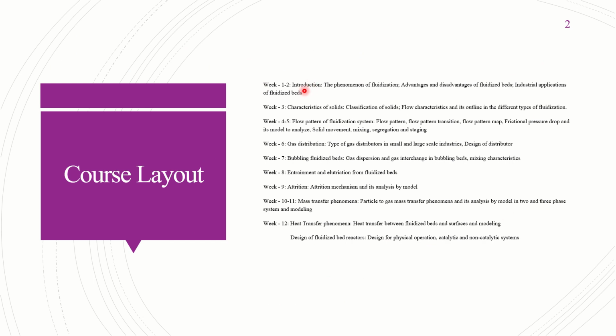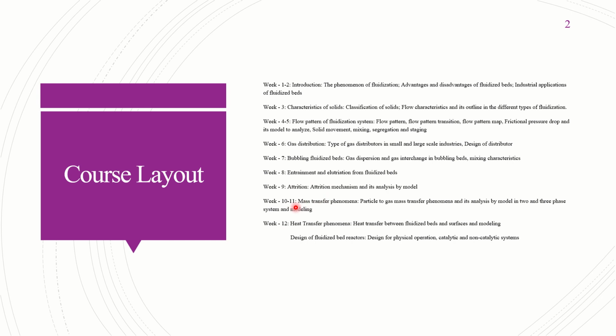This is the course layout, where we saw the phenomenon of fluidization, advantages and disadvantages of fluidized beds and industrial applications of fluidized beds, and also the characteristics of solids, how they are classified, and flow characteristics and their outline in different types of fluidization, and the flow pattern of fluidization systems like the flow transition map, and frictional pressure drop and its models to analyze solid movement, mixing, segregation, and about gas distributors and the type of gas distribution in small and large scale industries, design of distributors, and also bubbling fluidized beds, entrainment and elutriation from fluidized beds, followed by the attrition mechanism and its analysis by models.